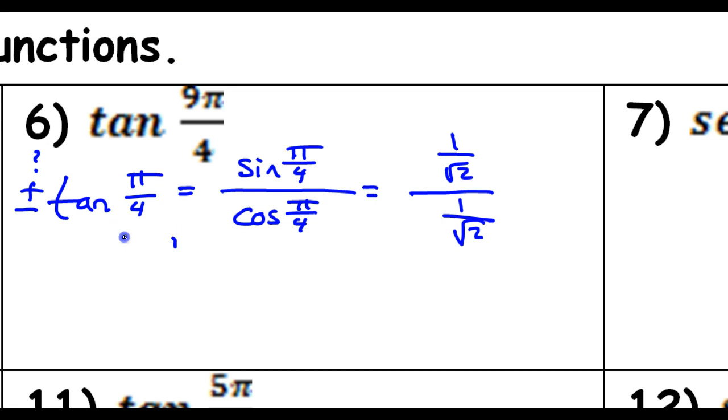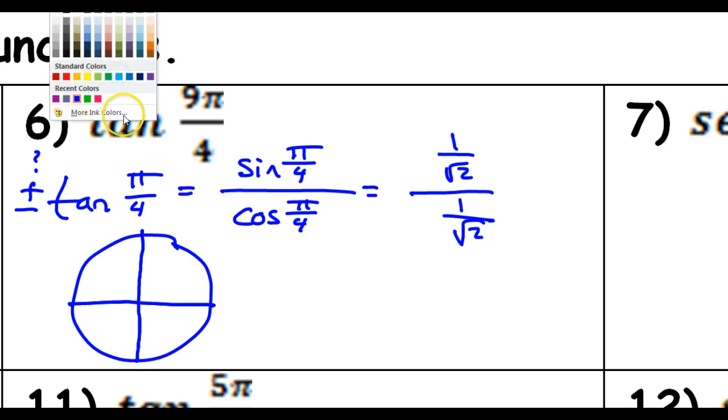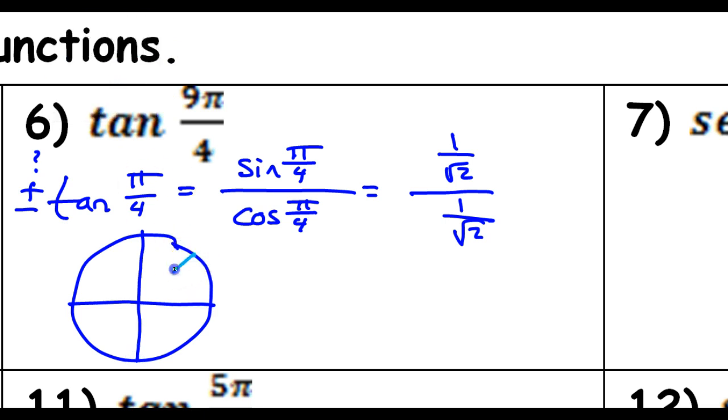So here's a picture. Here's pi over 2, and here comes pi over 4. Okay, if I start off in standard position and I want to go 9 pi over 4, that's going to look like this. 1, 2, 3, 4, 5, 6, 7, 8, 9.